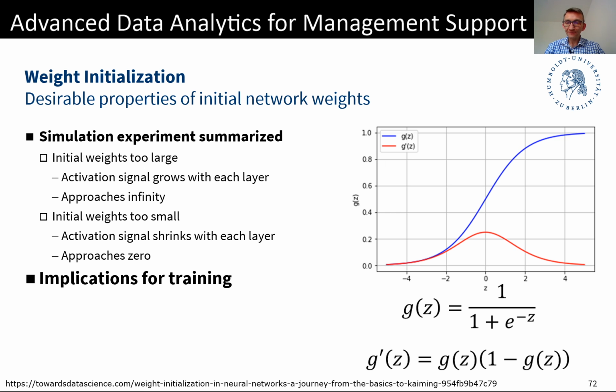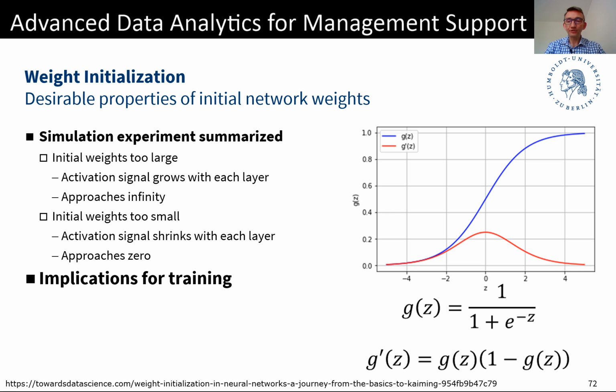One scenario is that the initial weights are too large, and I'll leave open what too large means. So a possible outcome is that your activation signal grows layer by layer and approaches infinity. So the mean and the standard deviation that you get after running these experiments are just some obscenely large values.